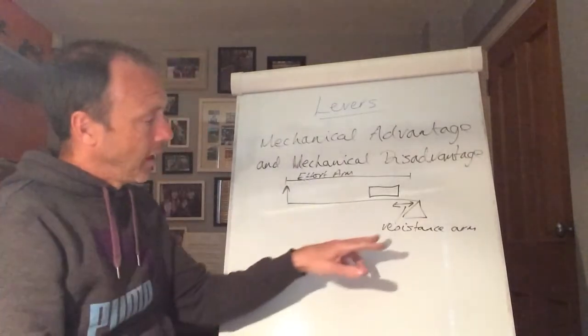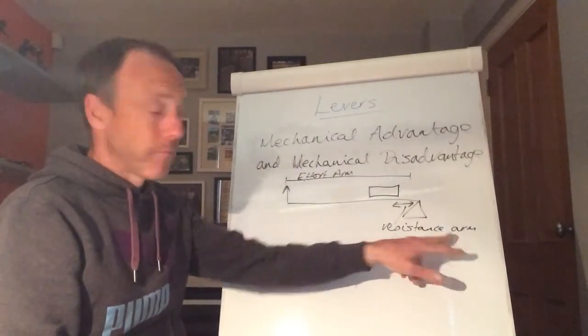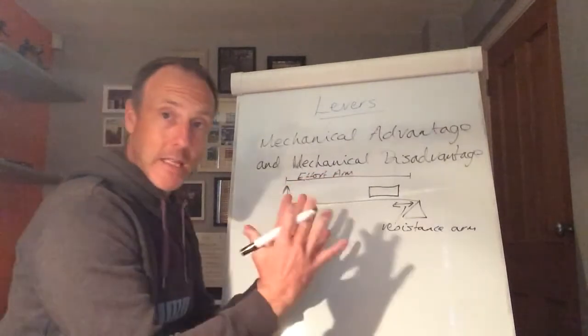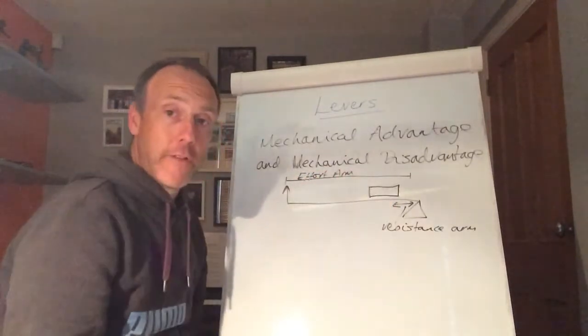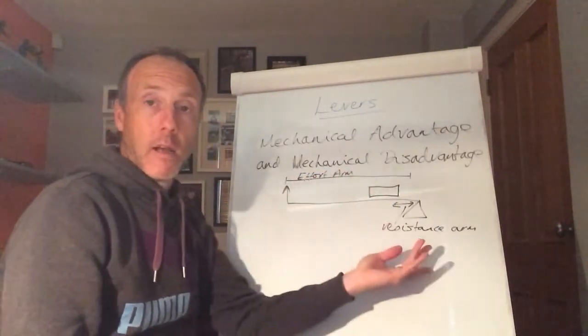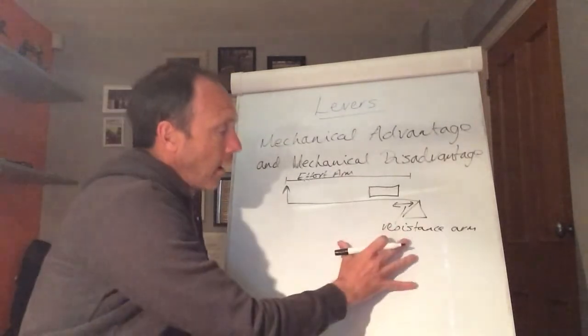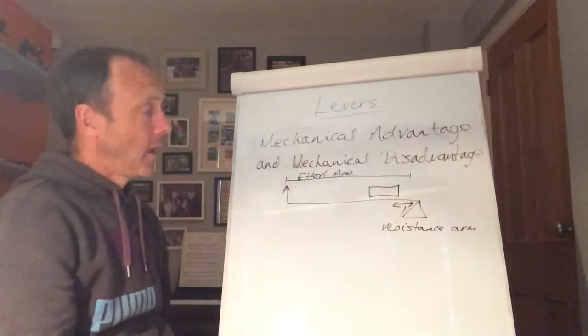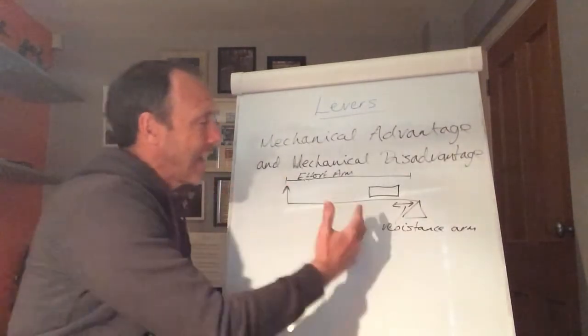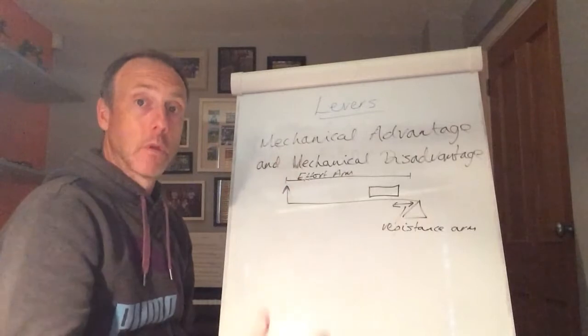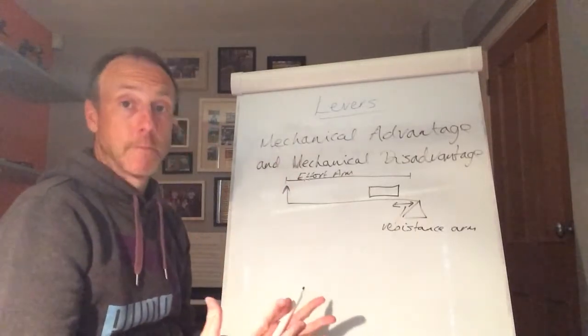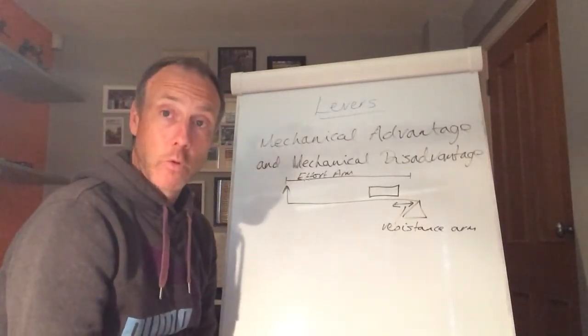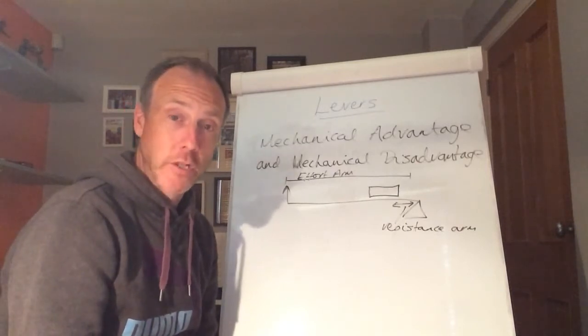Now, if the resistance arm is shorter in distance than the effort arm, then a lever is said to have a mechanical advantage. Essentially what that means is it allows larger loads to be moved with less force. So essentially it's quite efficient.